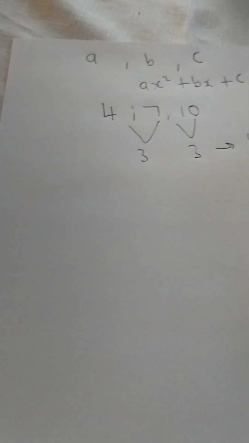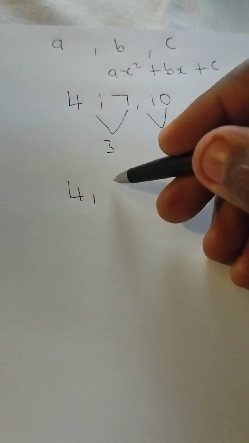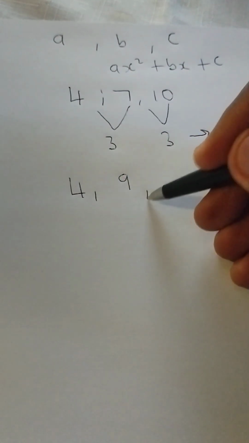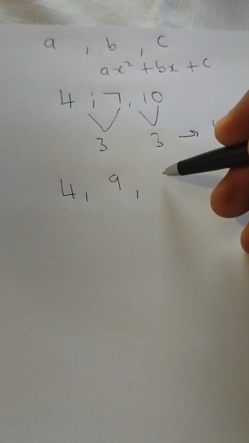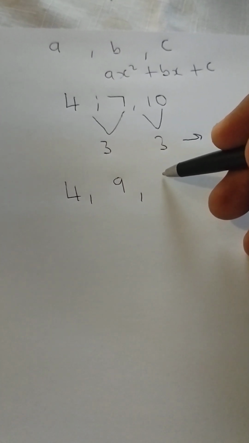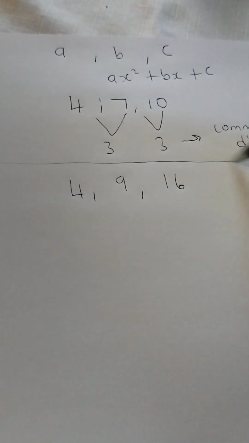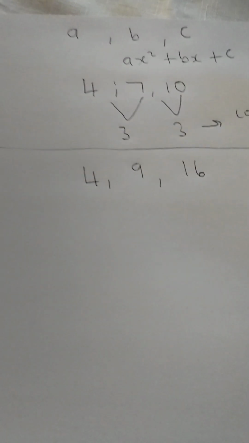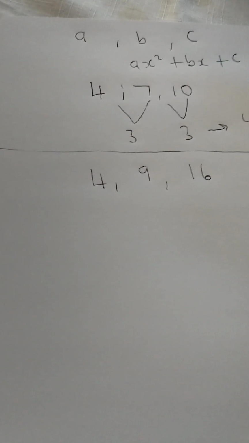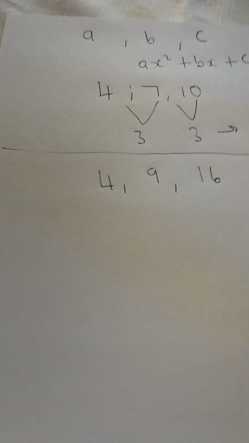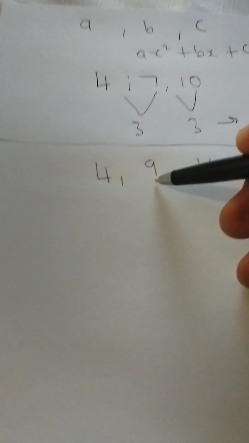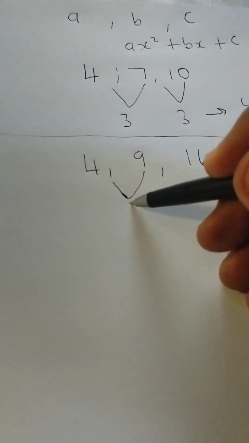So now, let's say I give you a sequence. Let's say I've got 4, and then 9, and then let's say 16, for example. Let's say this is our new sequence now. If I were to find the common differences, 9 minus 4 gives us 5.